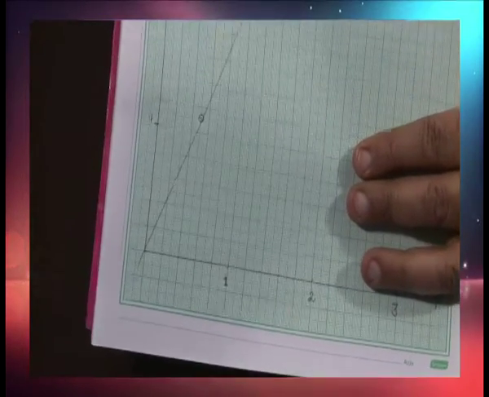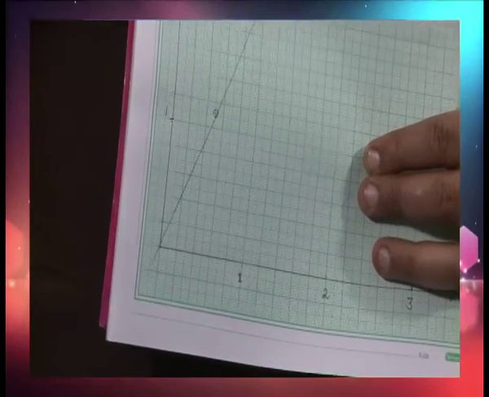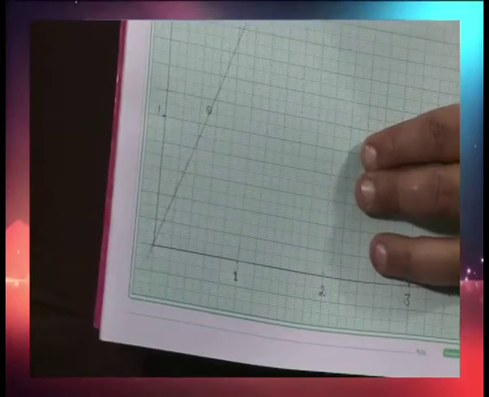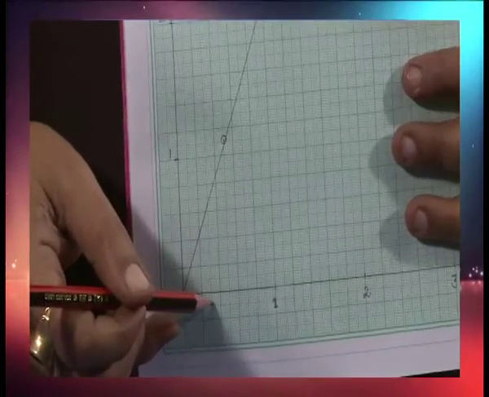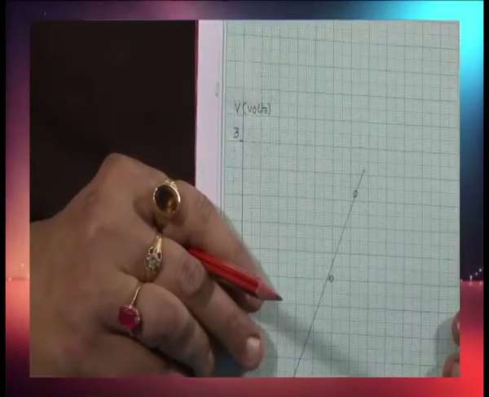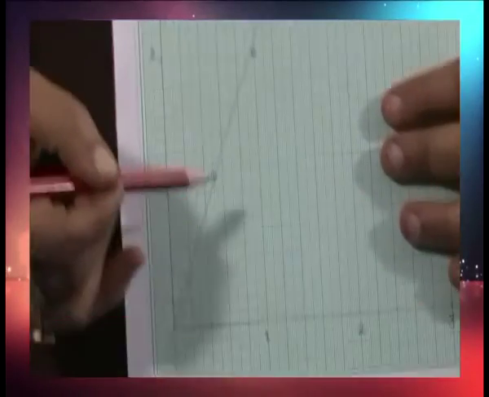So, that means each millimeter is equal to 0.02 ampere. So, that is the smallest division along the x axis, and similarly the smallest division along the y axis is 0.02 volt.